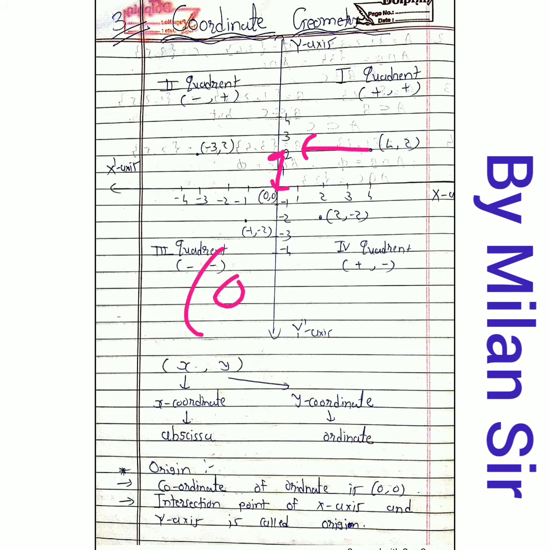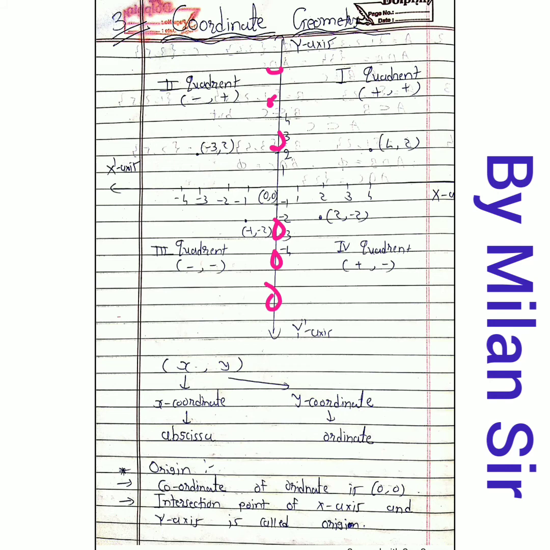So we need to write the coordinate like this: 0 2. So if our point lies on the y-axis, our x coordinate becomes 0. For every point on the y-axis, our x coordinate is 0.